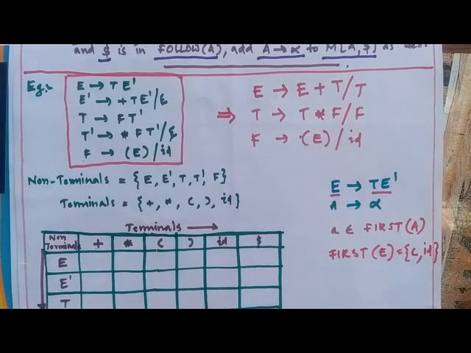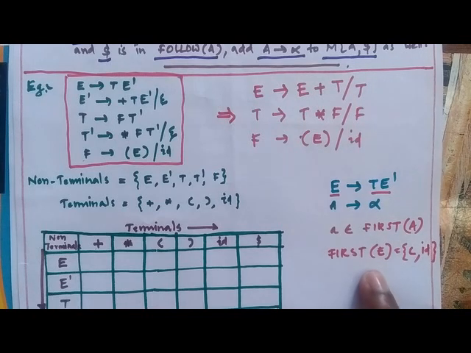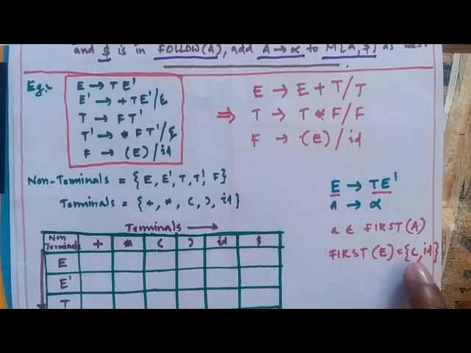If you have doubt you can refer to the previous video. So first of E contains two terminal symbols, left bracket and ID.